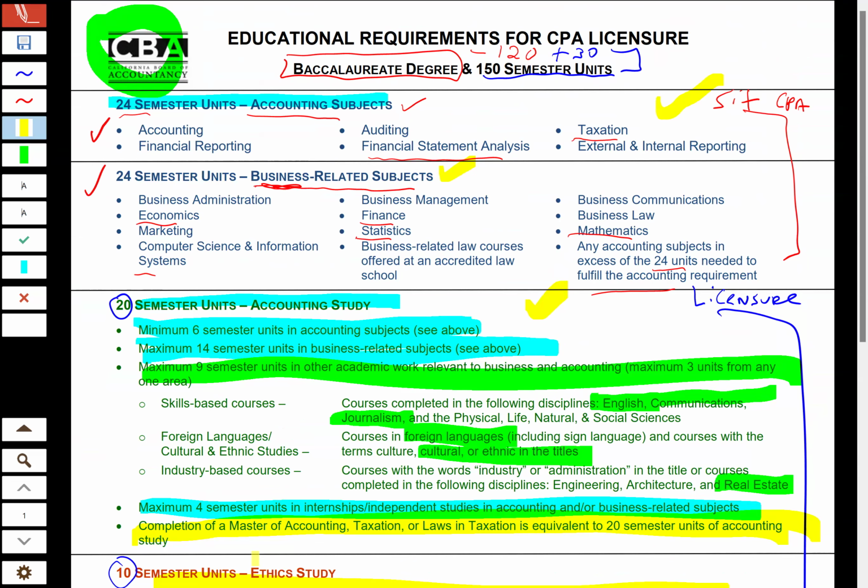Okay, it could be concentration in other areas, but for these requirements, concentration in accounting would be the most expedient way to do this. Bachelor's degree will have 120 units. We'll have 24 accounting. We'll have 24 units of business. You are ready to sit for the CPA exam. You can sit for the CPA exam at that point in time, pass it.